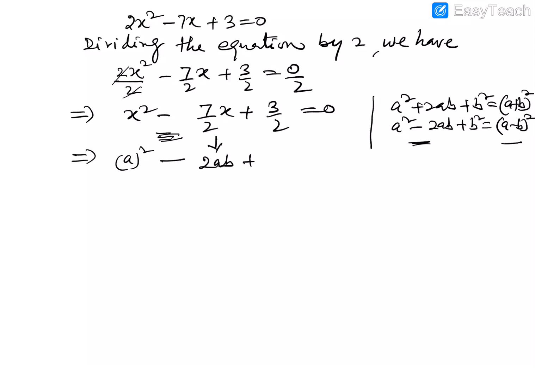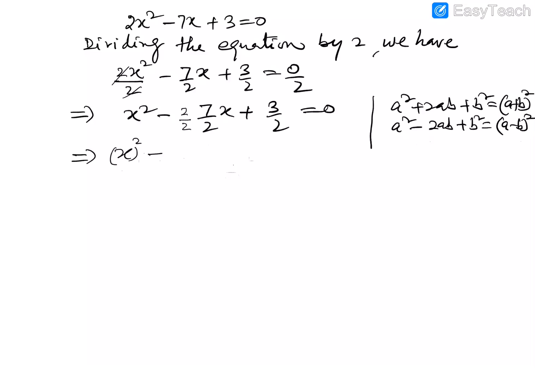We have to find out the b from this term. This can be further expressed as x square, means a square, minus, here we can multiply and divide this term by 2.